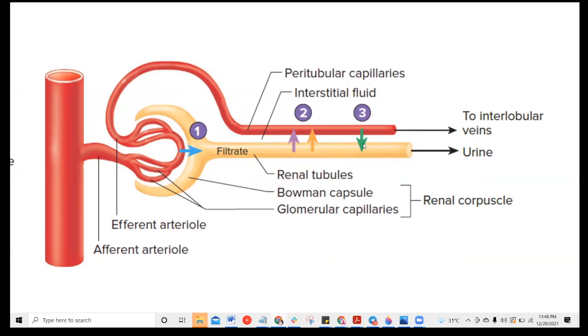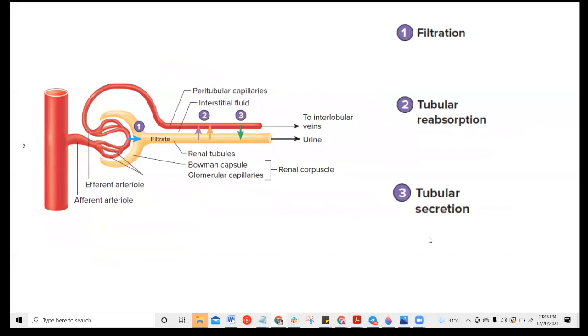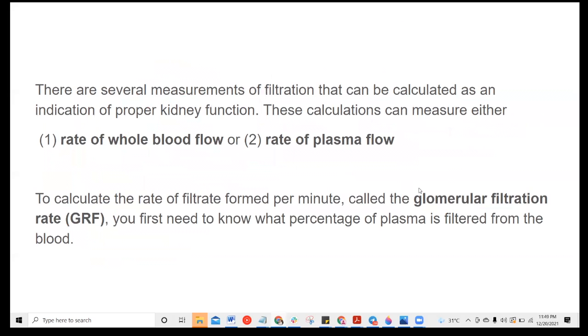And the last one here, the green one, is where solutes are secreted across the wall of the renal tubule into the filtrate. So very understandable. First is the filtration, two is the tubular reabsorption, next is the tubular secretion.